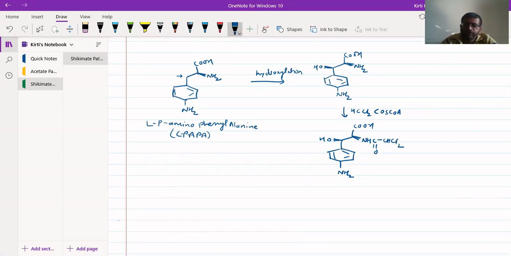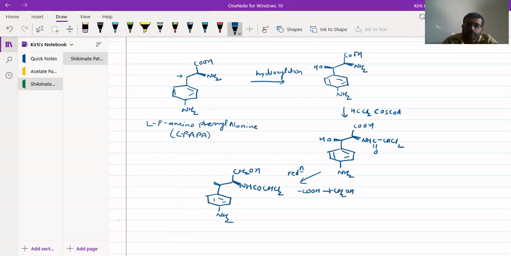This undergoes further reduction of the COOH group to CH2OH. We will have NH2, CH2OH, NH, CO, CHCl2 और यहाँ पर हमारे पास एक OH.